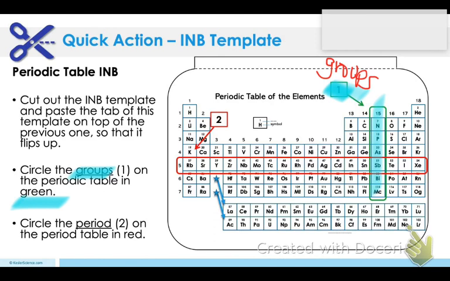And you're going to circle period 2 on the periodic table in red. So you have your groups, and then make sure you're doing this part in red. Go ahead and pause now if you're still doing it.